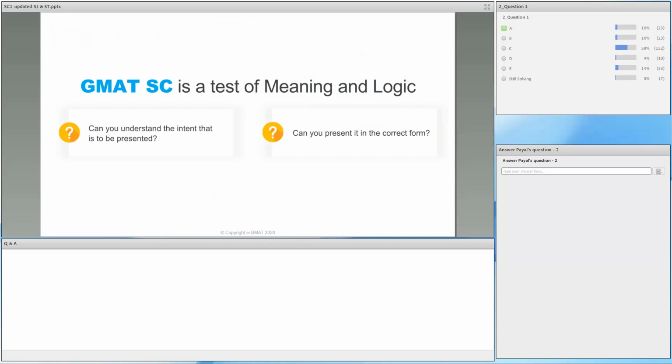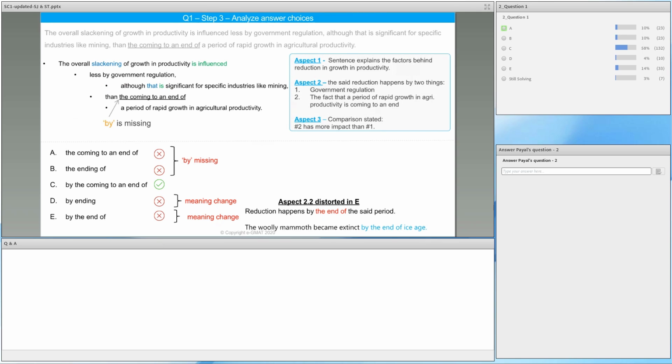Now, we have to use that meaning and logic to make the final decision between choices C and E. Those are our two big choices. And when we think about that communication, the woolly mammoth became extinct by the end of the ice age. That is our hard end.